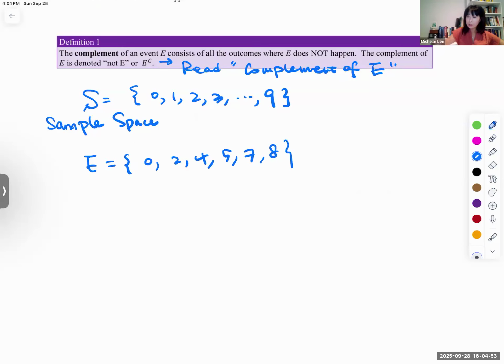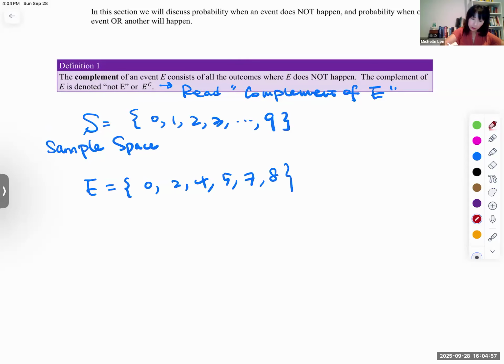So that means, think about this, right? Not belonging to E. Complement event E. We can denote the notation like that, right?